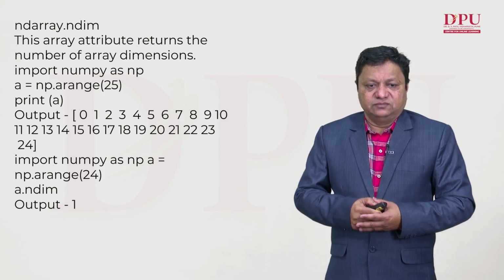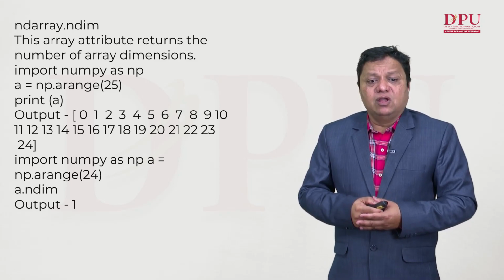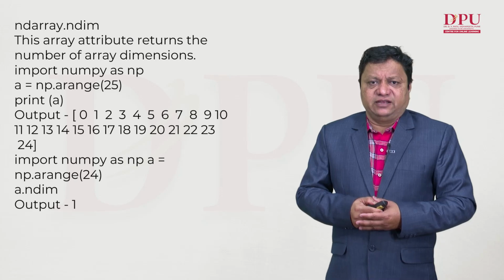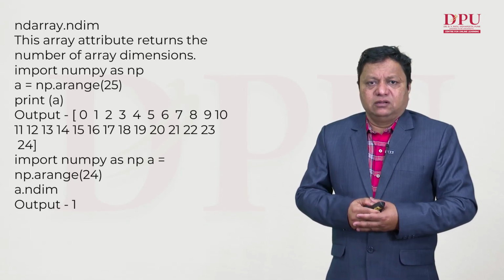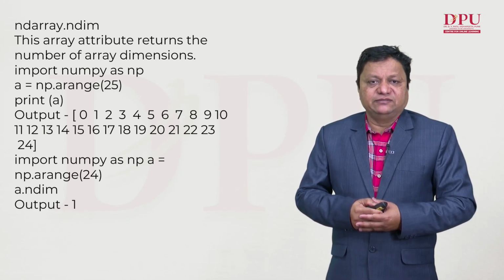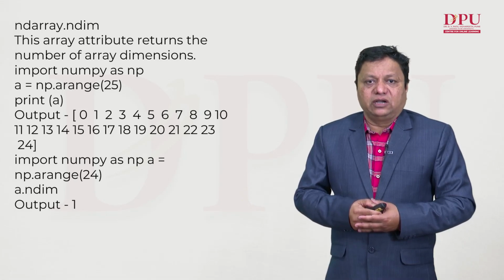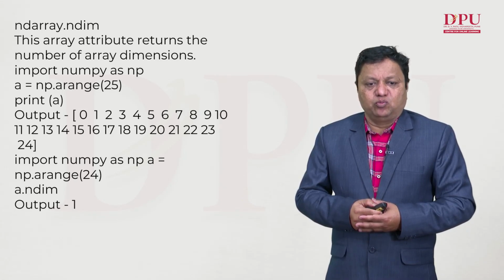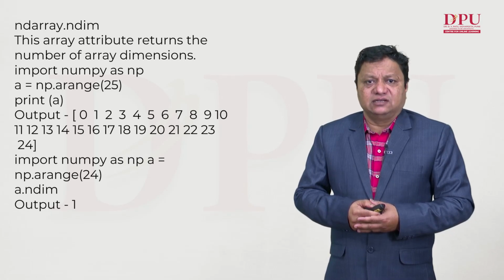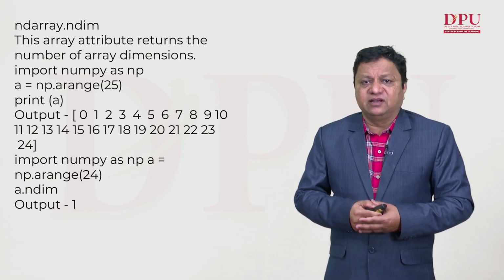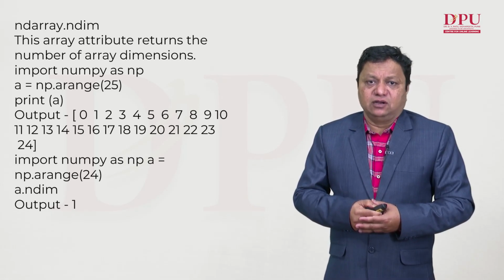And if I want to find out the dimensions of this array by using a.ndim, if I say print a.ndim, it will give me the output as 1, because this is a single dimension array. Means what? It is an array having a single row.